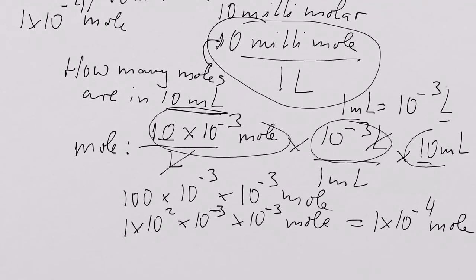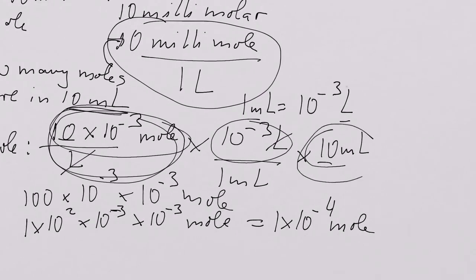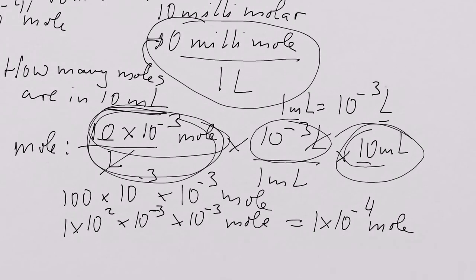What we do is we take the concentration here and we multiply it with the volume. So in order to get moles, if you don't want to do the dimensional analysis, what you simply do is moles equals concentration, which is sometimes abbreviated with C, which is horrible because C for a physicist means the speed of light.